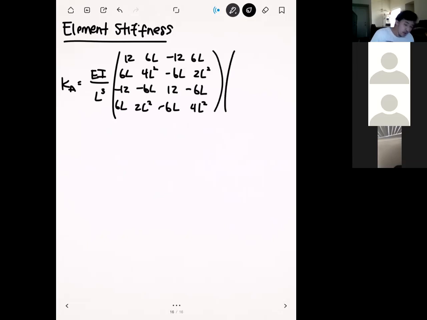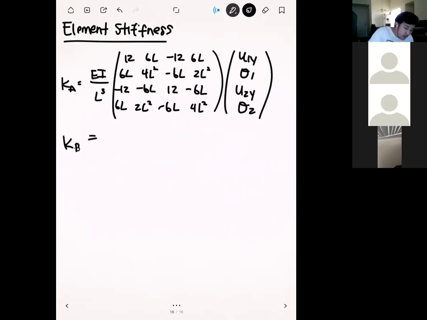We also need to know what nodes these are acting on. Element A is acting on nodes 1 and 2, and so we have U1y, theta 1, and U2y, theta 2. All right, so that's element A.